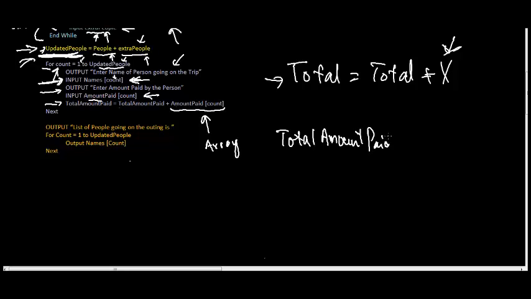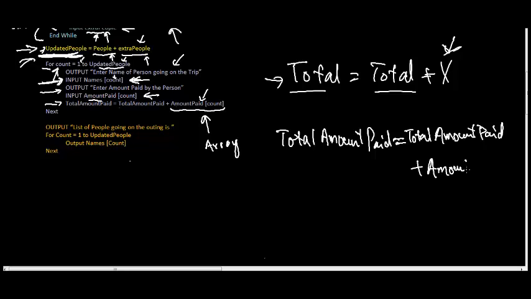right? So just going by this formula, total amount paid is going to be equal to total amount paid plus this array, and the corresponding index of the array. So here's what's going to happen.